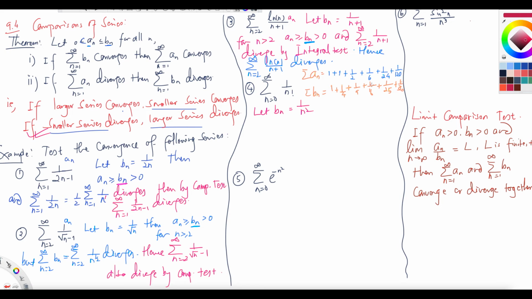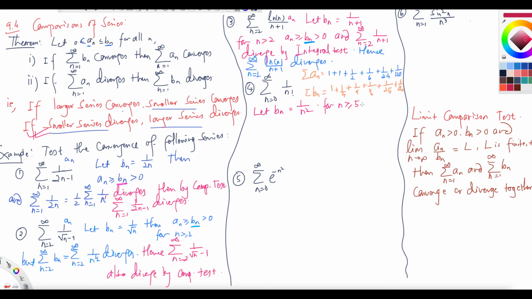Now you can compare that. For n equals 0, n equals 1, n equals 2, n equals 3, n equals 4, the an is bigger. Okay, from n equals 5, n is greater or equal to 5.